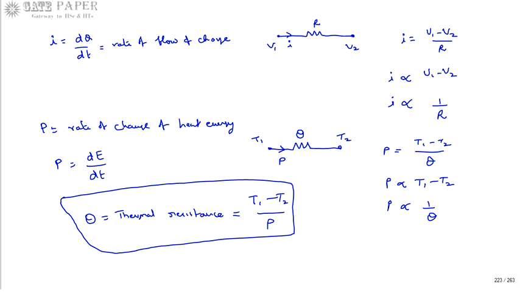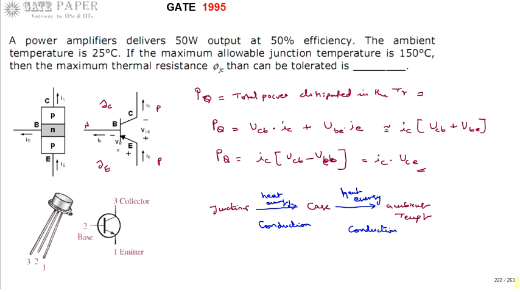The problem is given as: a power amplifier delivering 50 watts, which is the output AC power, P0 AC = 50 watts, at power efficiency eta = 50%.